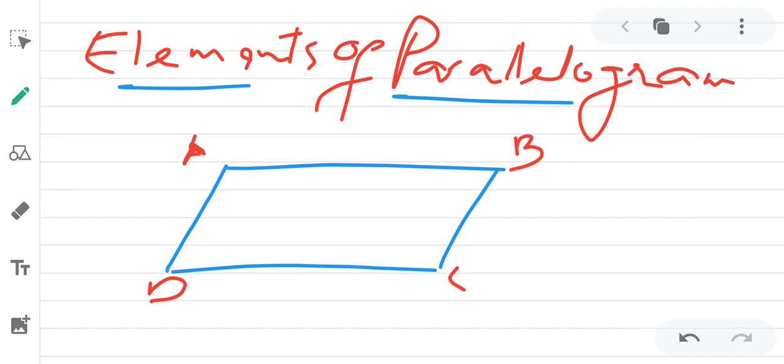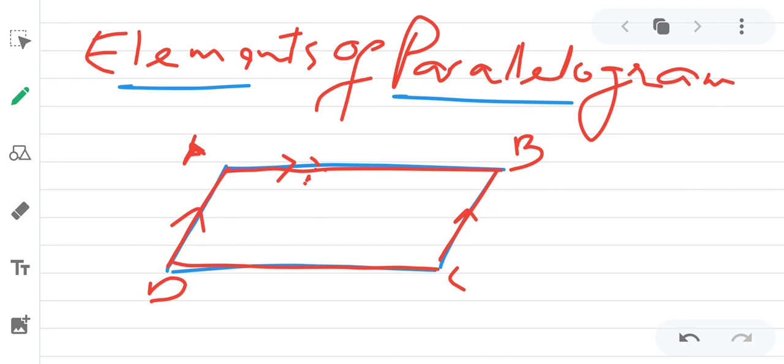See, what is this elements of parallelogram all about? You know that a parallelogram has four sides in which both the pairs are parallel, means this side is parallel to this side, that is AD is parallel to BC, and AB is parallel to DC, right?